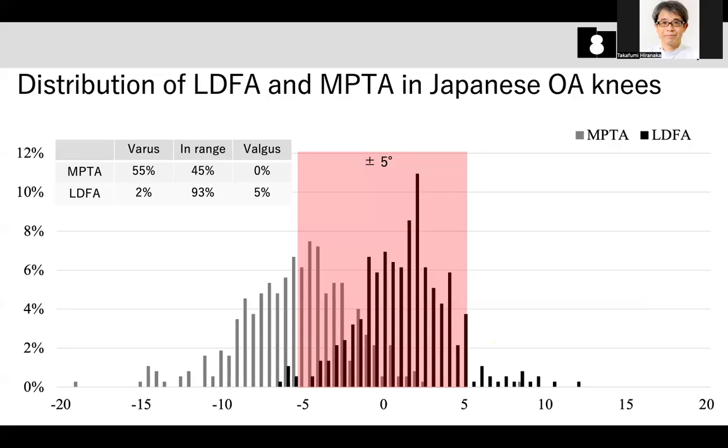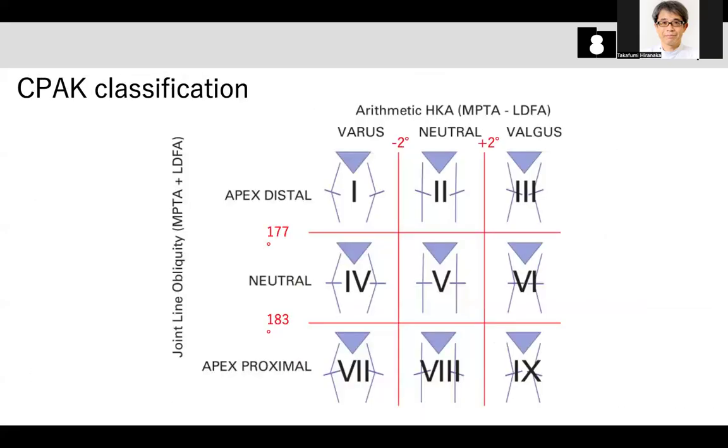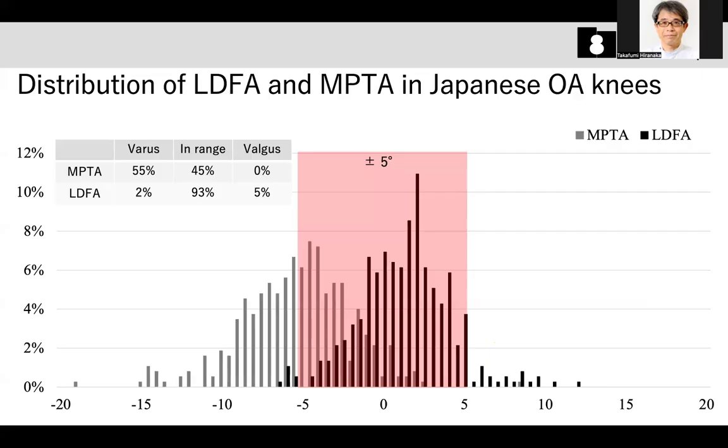But patients are quite different between our patients and their patients. Basically, most of their patients have CPAK type 2, which is the most prevalent for them. But we are dealing with type 1 patients. So we should never apply their results to our patients. So there is no conclusion.